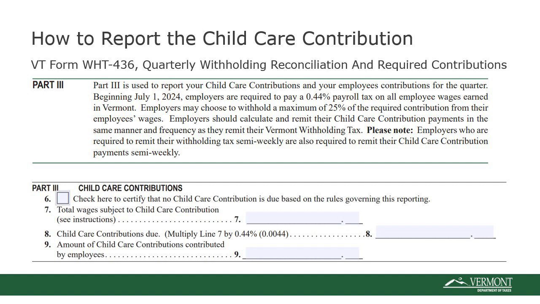And then we have an info only line on line 9. We would like to know the amount of the child care contribution from line 8 that was contributed by the employees. So this is info only, but this does help the legislature and the economists see how this is working and see how much money is being passed through to the Vermont employees.